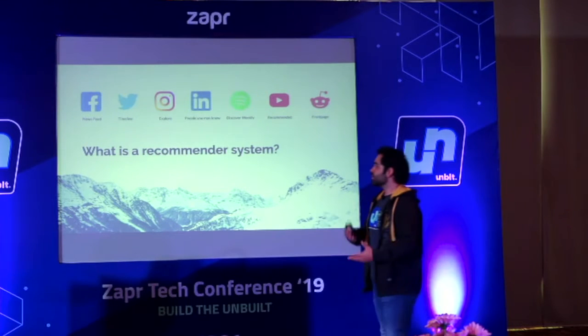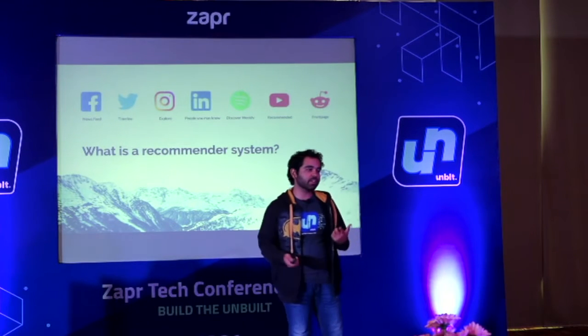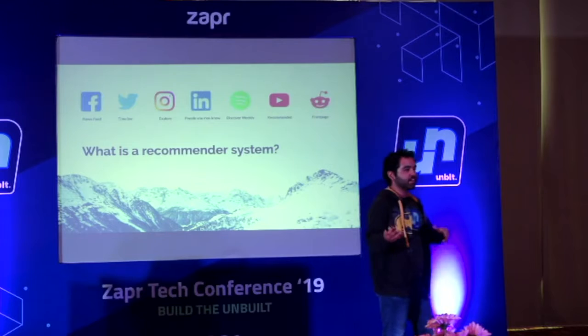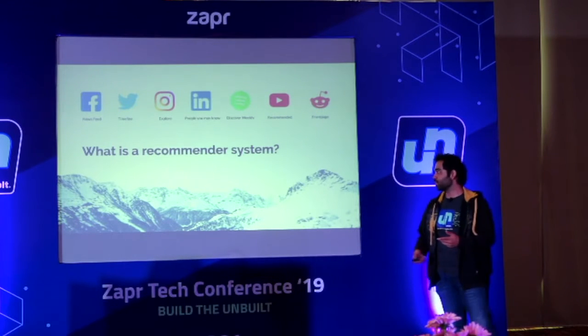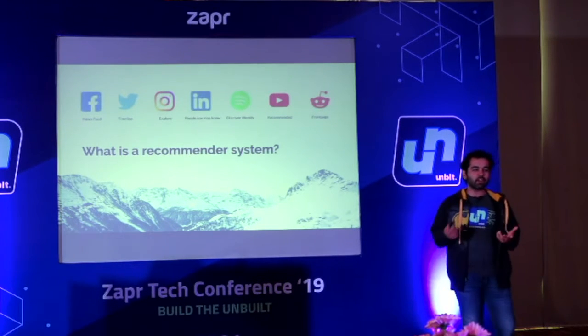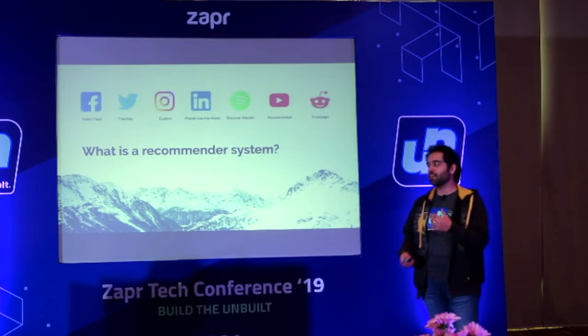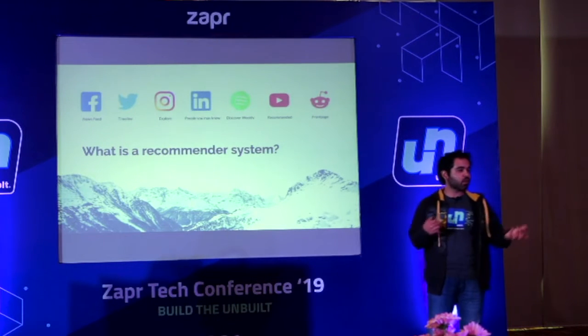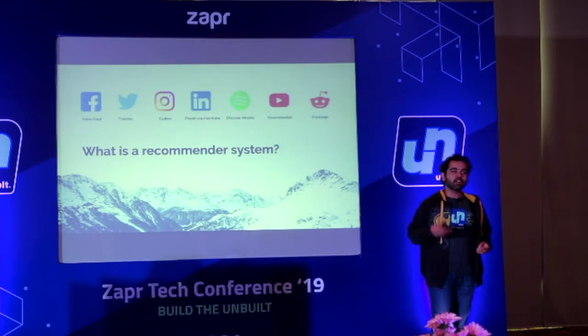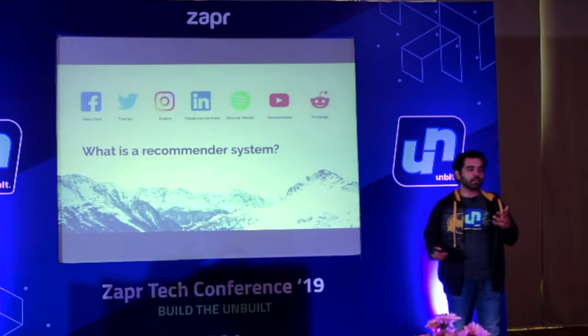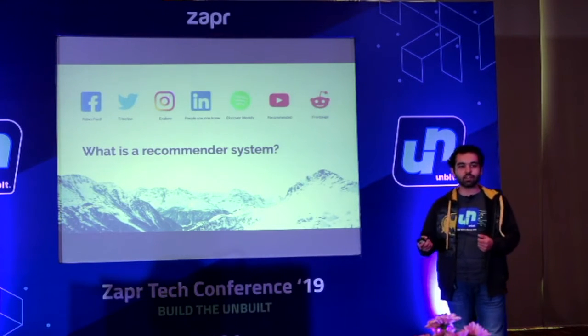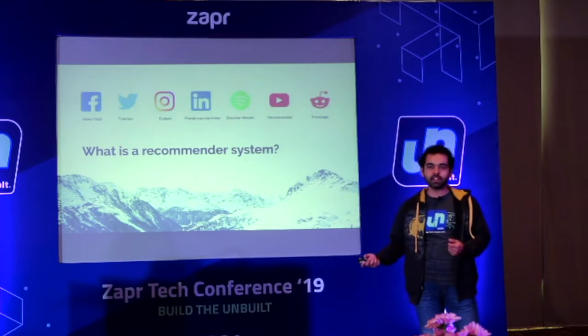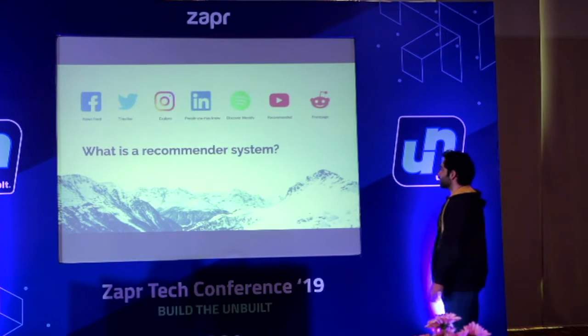Throughout your life, you have faced a lot of recommender systems, offline and online. Online versions are available on almost every app that you have right now. If you join Zapper, say tomorrow, you're going to connect with Sandeepan probably, and the next day LinkedIn's going to offer you to connect to other people. That itself is a recommender system.